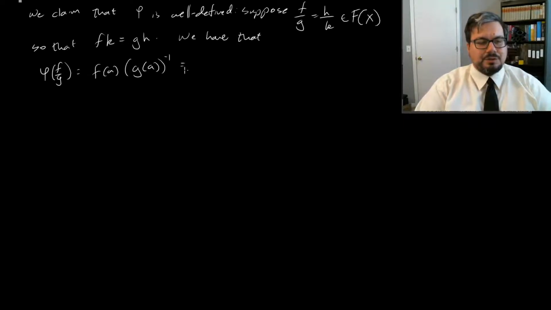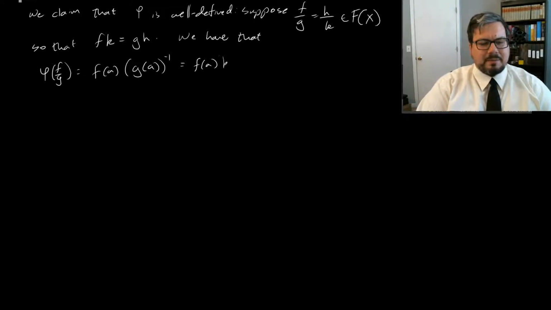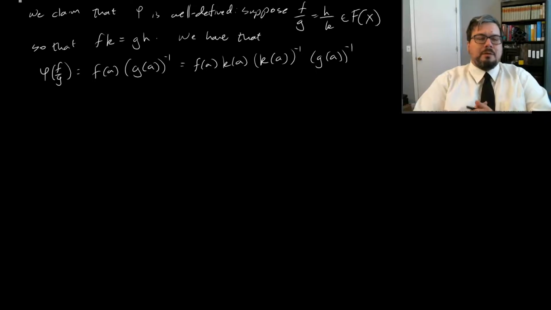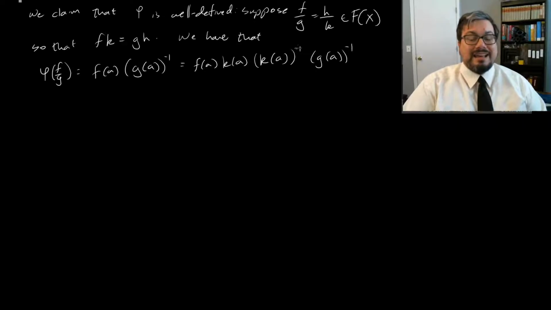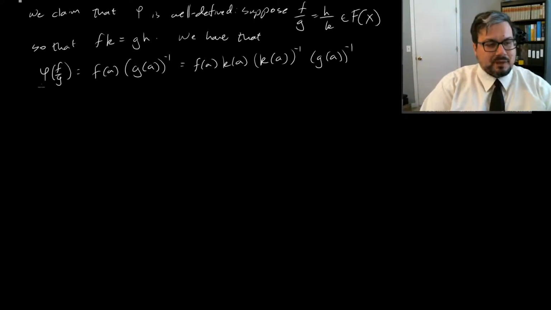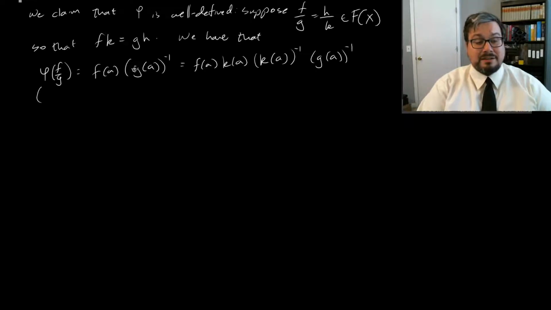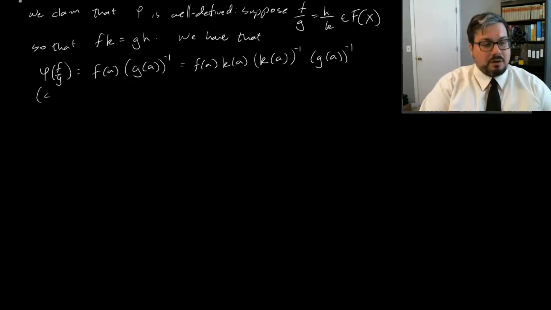Now this is equal to f(a) times k(a) times k(a) inverse times g(a) inverse. Now we might want to be careful here and say, okay, well, how do we know that k(a) inverse actually exists? Frankly, we should have asked this back at the beginning: to show that phi is well defined, we need to show that g(a) is non-zero.